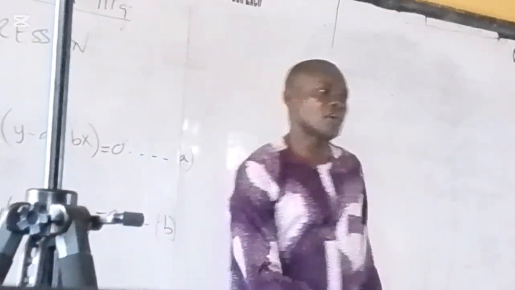What's the difference? Have you seen any difference there? Can somebody spot one difference? The presence of x here. If we divide through by 2 in both equations, what are we going to get?